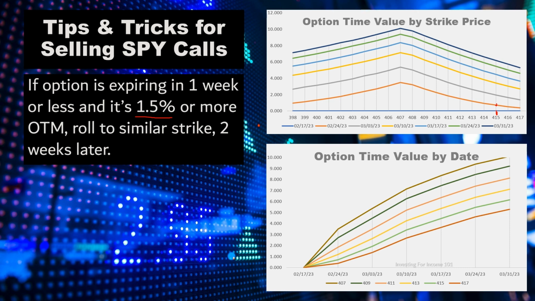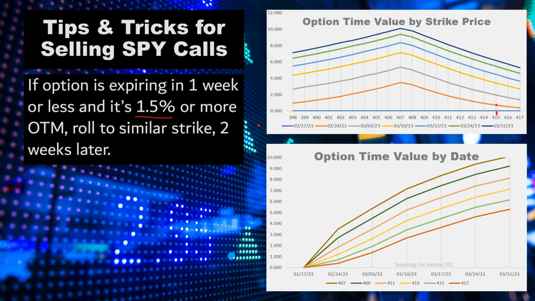If the option is 1 week till expiration, you can see the time value left in the option is very small compared to the previous weeks, right? So it's actually better to roll the option already. Don't wait. Like if you're planning to continue selling covered calls, then don't wait till expiration. Just buy the option back and sell another covered call.